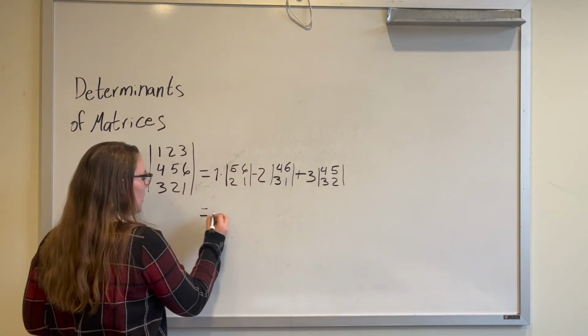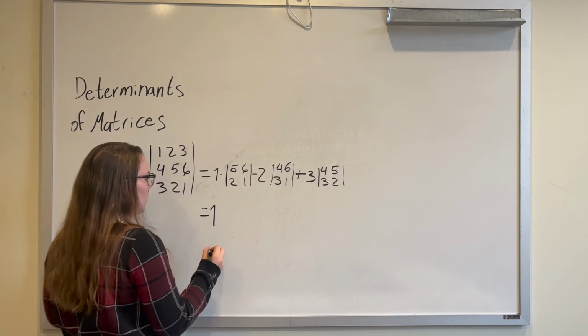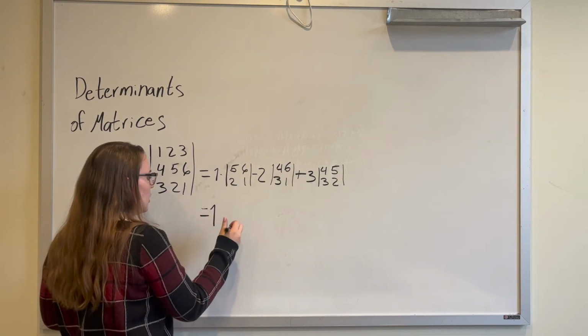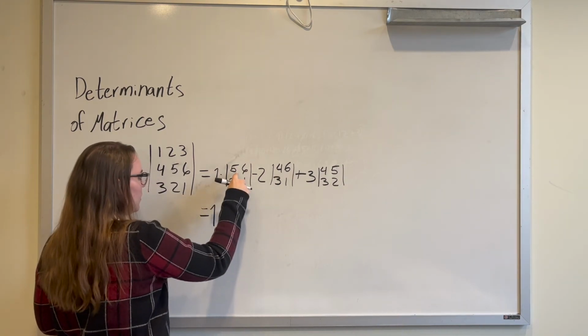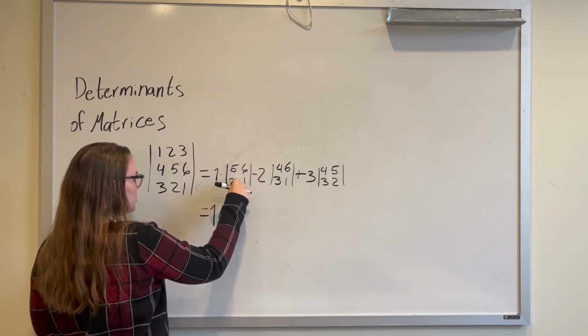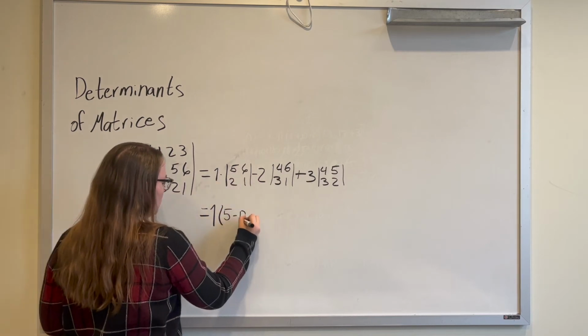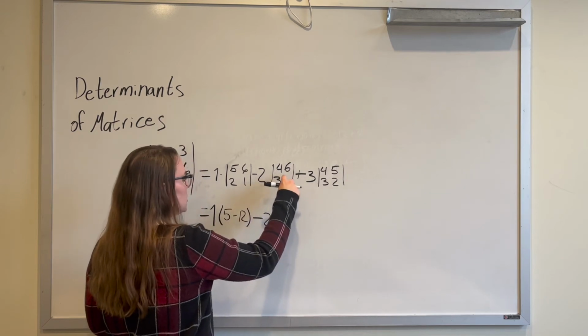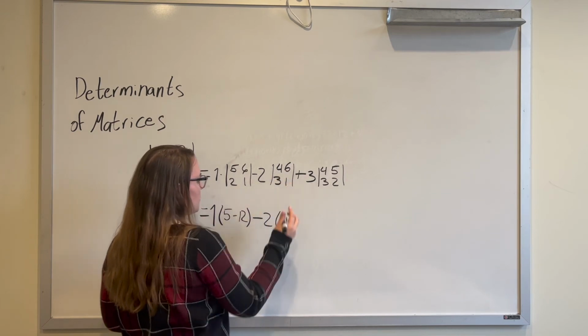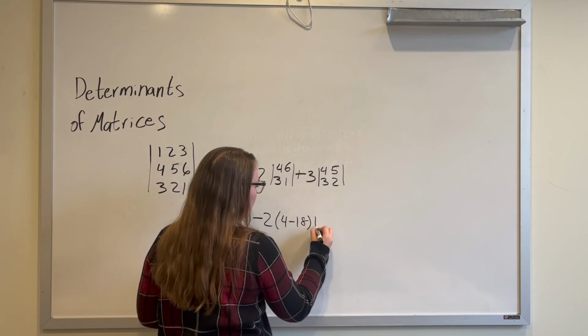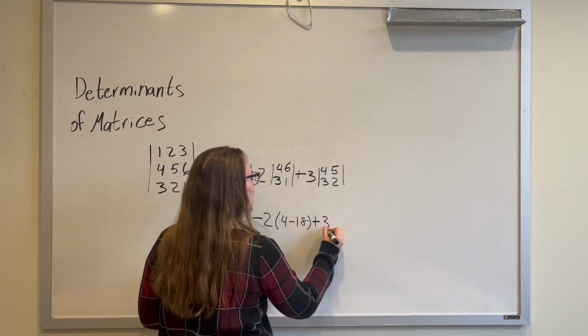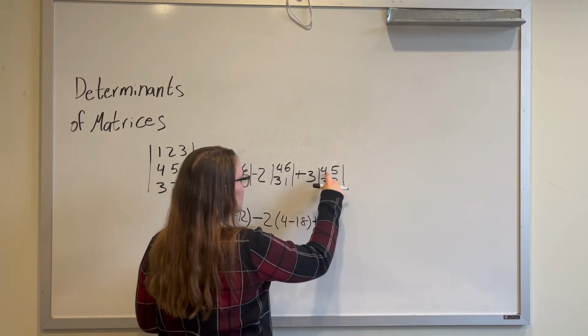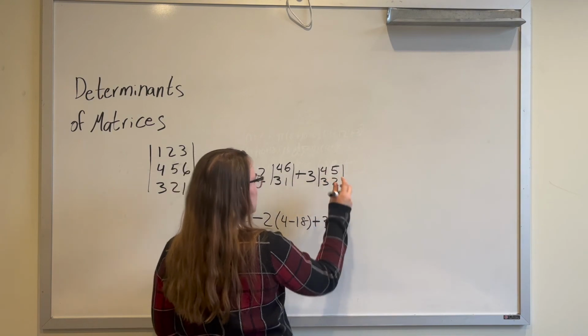And then we find the determinants of these smaller matrices. So here we're going to have 5 times 1 minus 2 times 6. And we're going to have 2 times 4 times 1 minus 6 times 3. And then finally we have 3 times 4 times 2 minus 3 times 5.